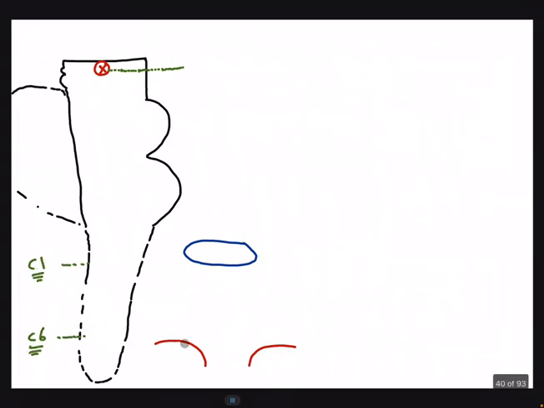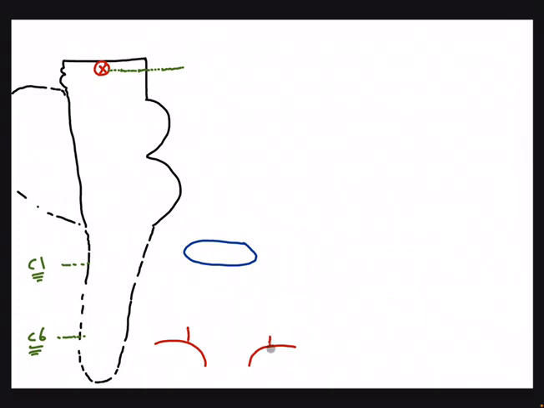So from the upper part of the subclavian artery, particularly on the posterior lateral aspect, we have a branch. This branch is called the vertebral artery. So we have the right vertebral artery and the left vertebral artery.